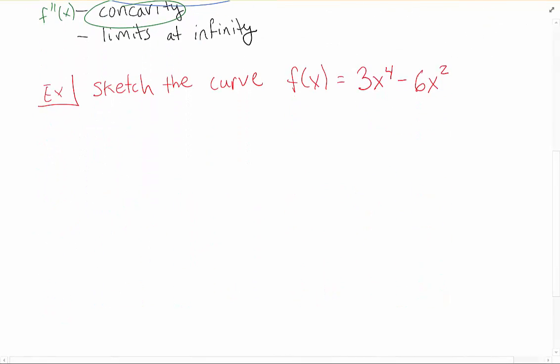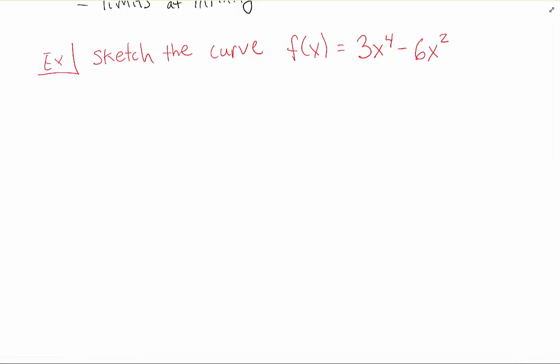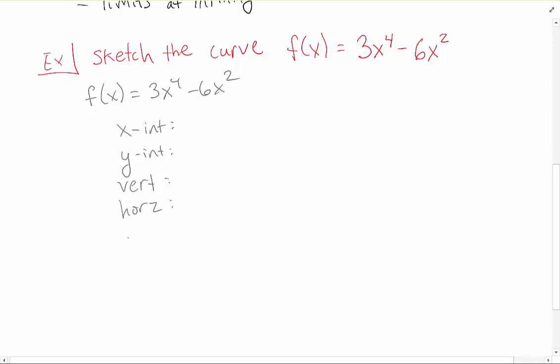So a first example would be: sketch the curve f of x equals 3x to the fourth minus 6x squared. First I want to do anything I can do with that f of x. That's our x-intercept, y-intercept, vertical asymptote, horizontal asymptote, and the domain.